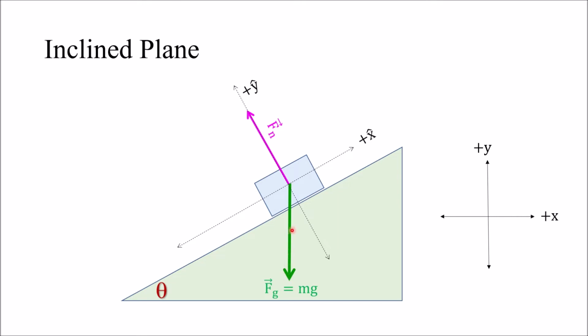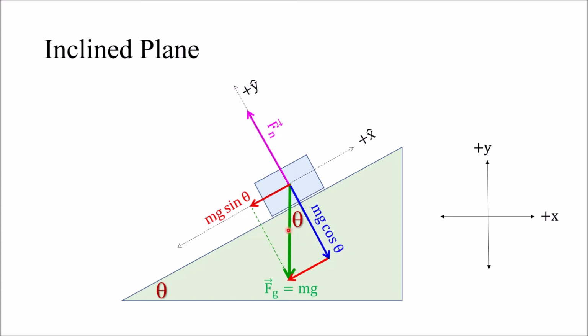And so we have this interesting situation where we actually do have to break gravity into its components, and so we have a component acting into the ramp and a component acting down the ramp. And we also can know that this angle here is going to be equal to the angle of the ramp. And so when we find that, we can do some trig, and we can break it up into our components, and we say acting down the ramp is mg sine theta, into the ramp is mg cosine theta.